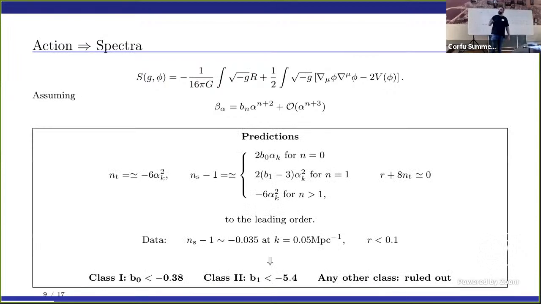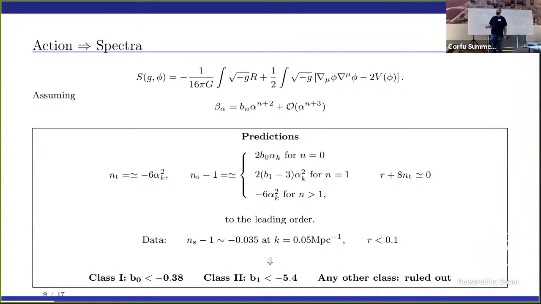And if you do the analysis and work out the spectra and all the measured quantities at the leading order in the coupling constant, then you will see that the tensorial spectral index doesn't depend, at leading order, on any coefficient of the beta, while the scalar one, which is measured, depends on the beta.